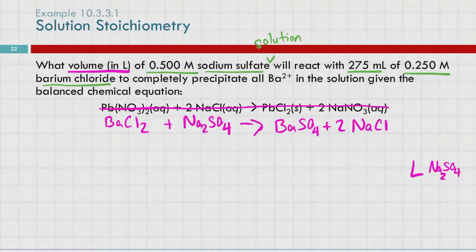Yeah, M is moles over liters. If we're finding liters, then that means that we would need what to get to liters? Moles. So before we get to liters, we'll need to get moles Na2SO4.